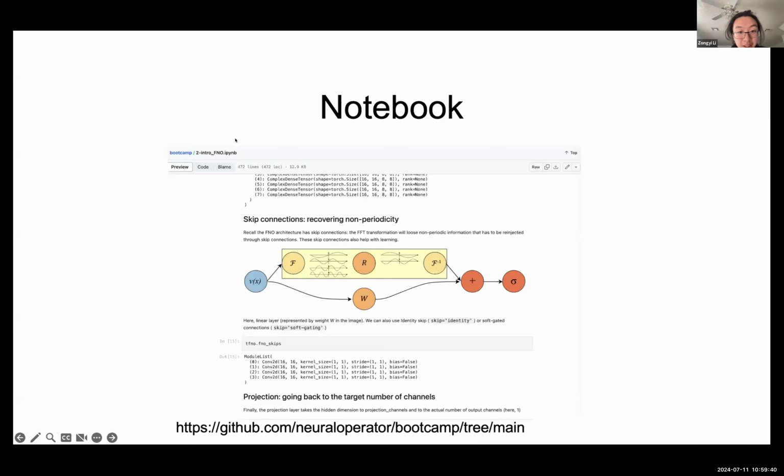If you open the link, you'll find the notebooks, and they can all be run on, say, Google Colab or locally. And the architecture is quite simple in PyTorch format. Basically, you just call the models and run through them. It's very easy. If we have some time, we can do that together at the end of the talk.